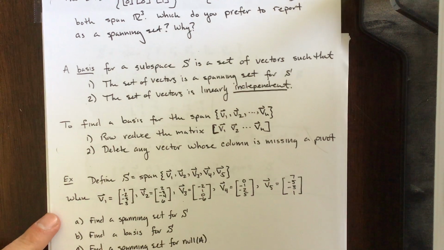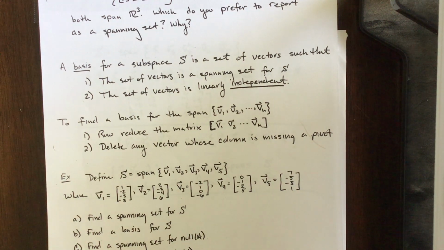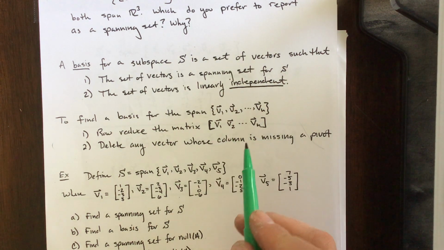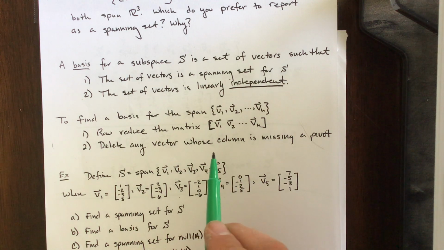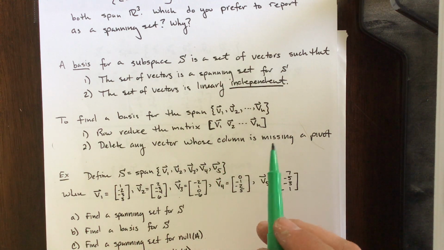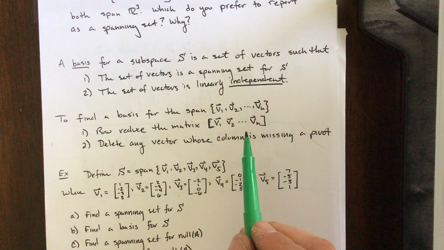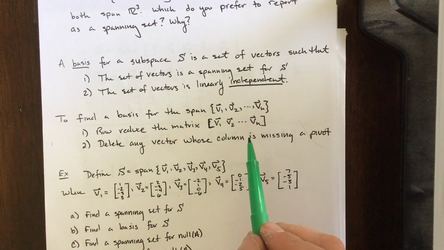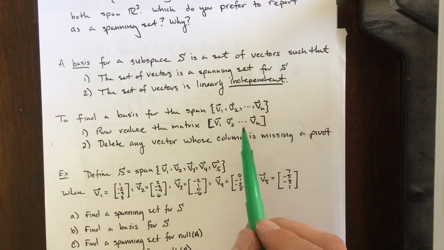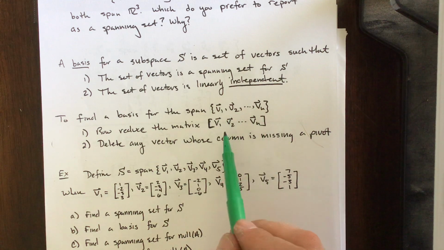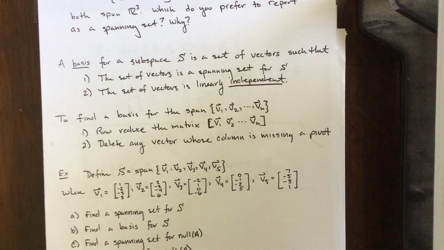Now, to find a basis for the span of a set of vectors. So let's say I defined S to be our subset, where S was the span of vectors v1 through vn. That is a subspace. We proved that in a previous lecture. To find a basis for it, what we're going to do is take the vectors v1 through vn and make them the columns of a matrix.